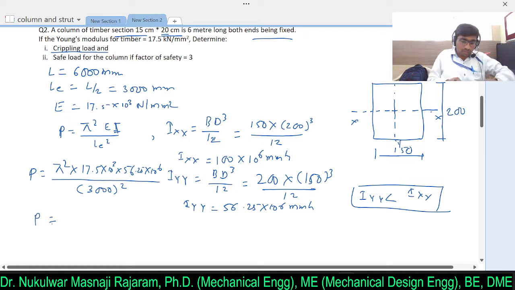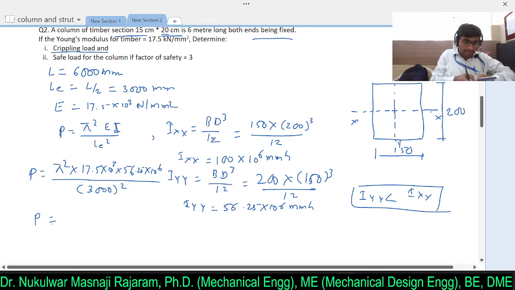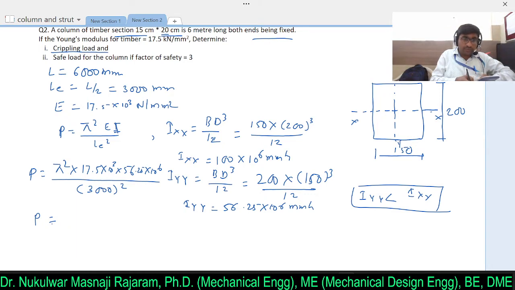So the crippling load will be pi square into 17.5 into 10 raised to 3 into 56.25 into 10 raised to 6 divided by 3000 square.